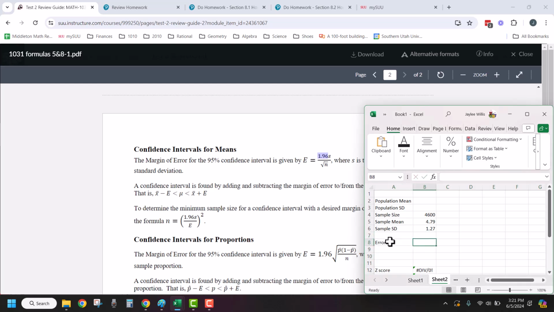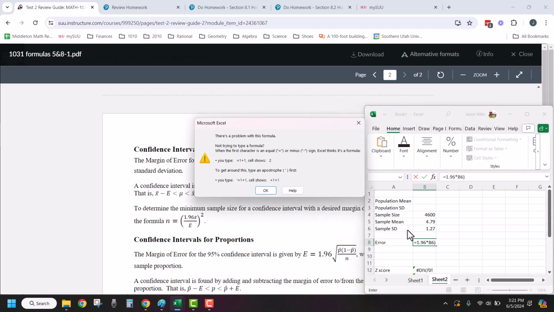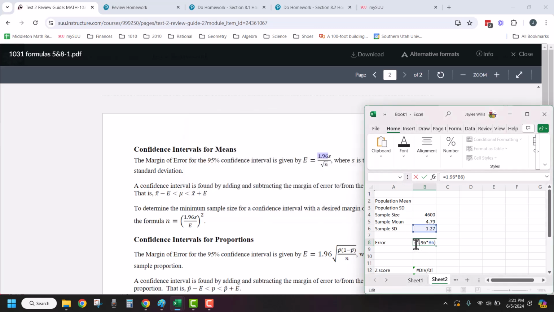So the error is going to equal 1.96 times the sample standard deviation. That's what S is. And then I'm going to divide that, and I'll also put parentheses around this so that it does this first.